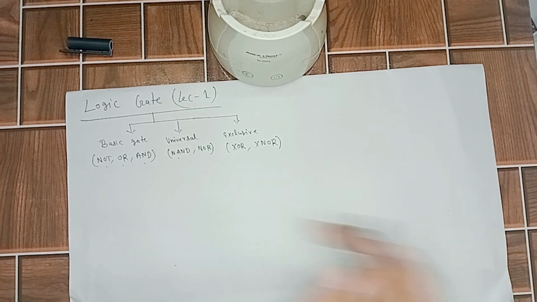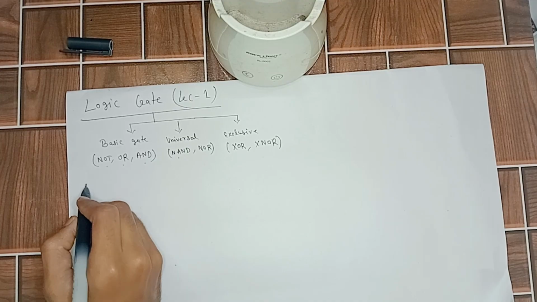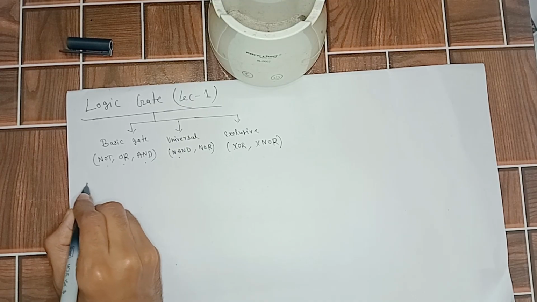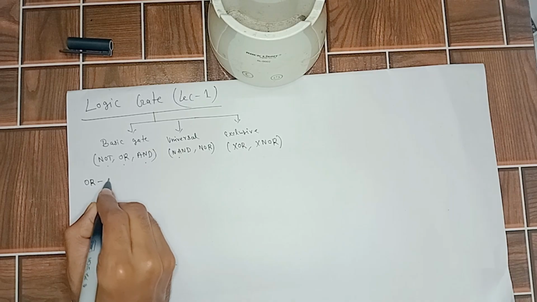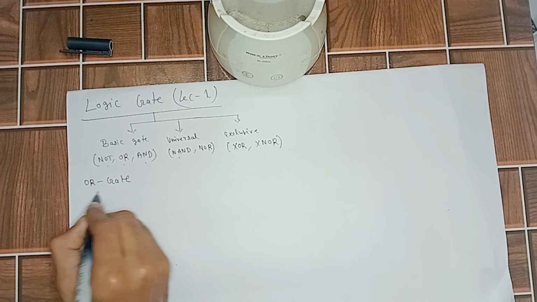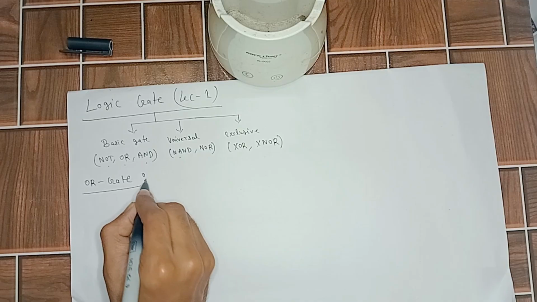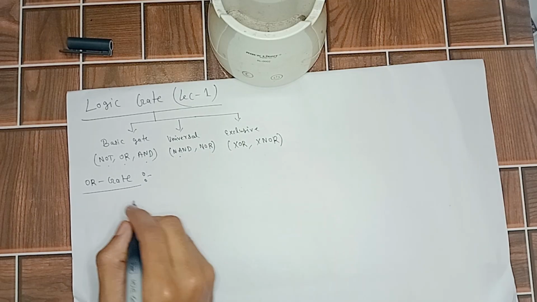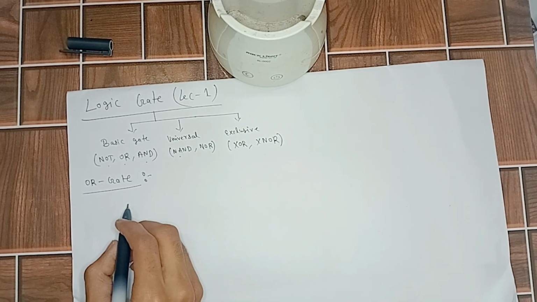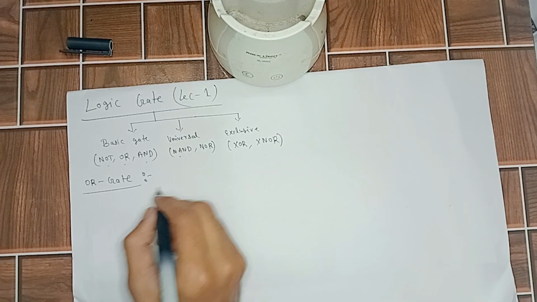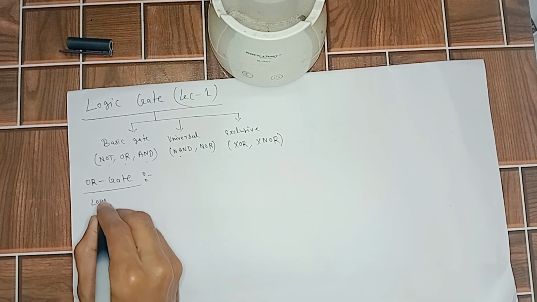Now if we look first at the OR gate. The OR gate is a case where, if you look at the logic diagram, you can understand properly.